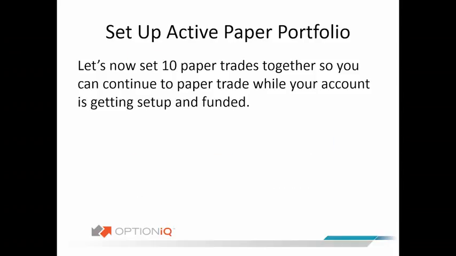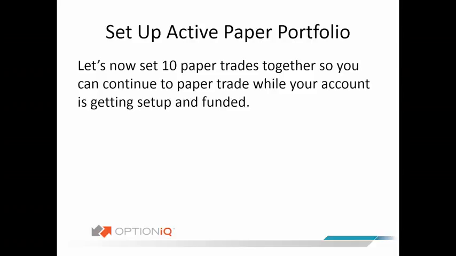Okay, what I want everyone to do now is spend time setting up an active paper trading portfolio. I want you to go in and set 10 paper trades together. Well, we'll do it together, but I want you to do this so that you can continue to paper trade while your account's getting set up and funded.